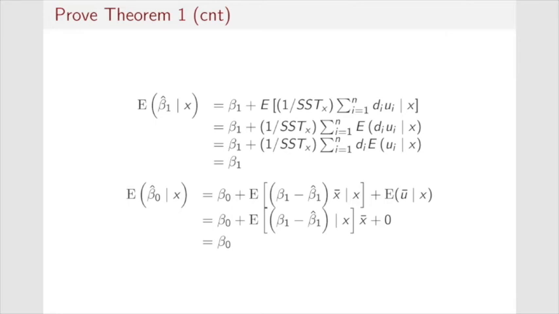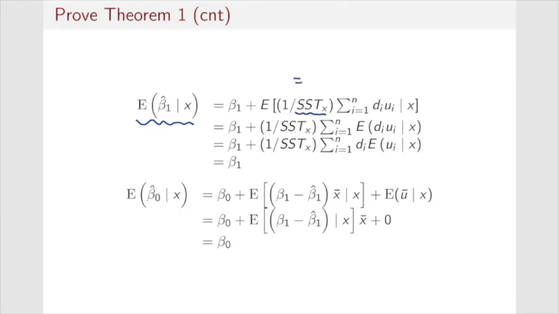and beta 0 hat. Notice that this expectation is taken conditional on x, which means you can treat x as something you've already known, so every term about x can be taken outside of the expectation operation.